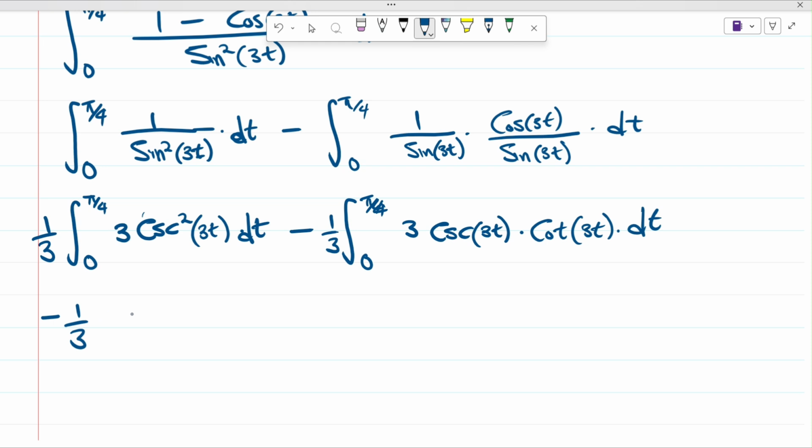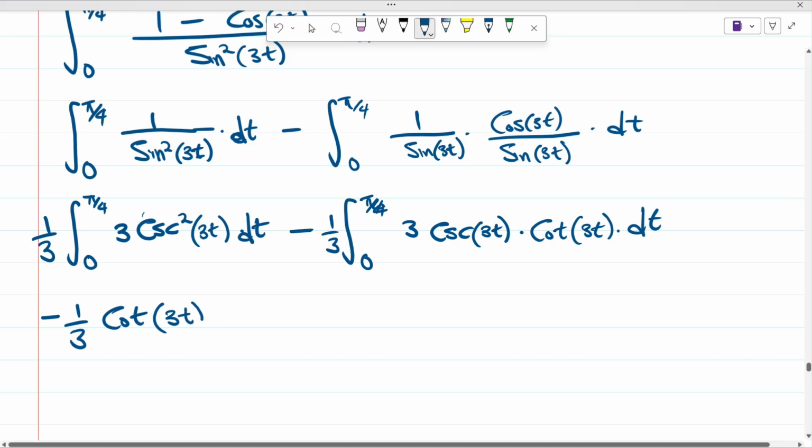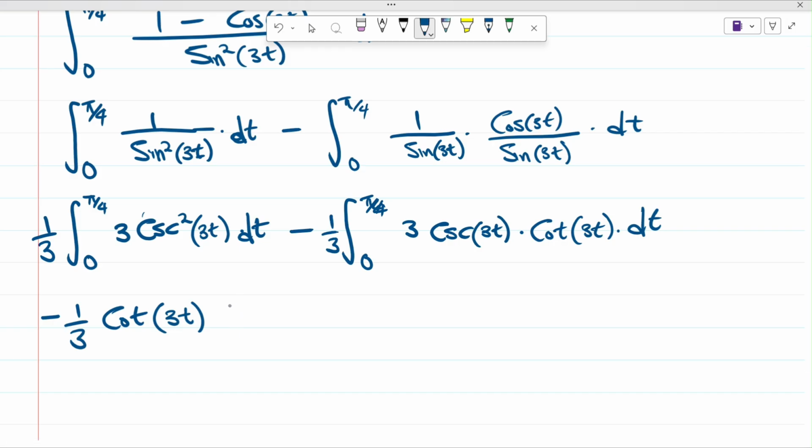The 1 over 3 should go to the answer as well. Negative 1 over 3 cot, right? So it's going to be negative 1 over 3 cot of 3t, just like that. And then I shouldn't forget the limits being pi over 4 and 0.